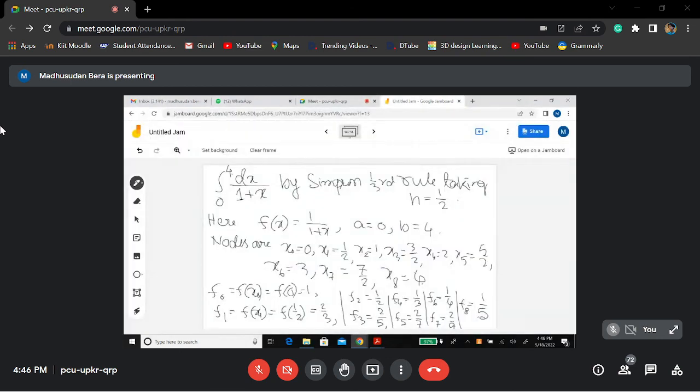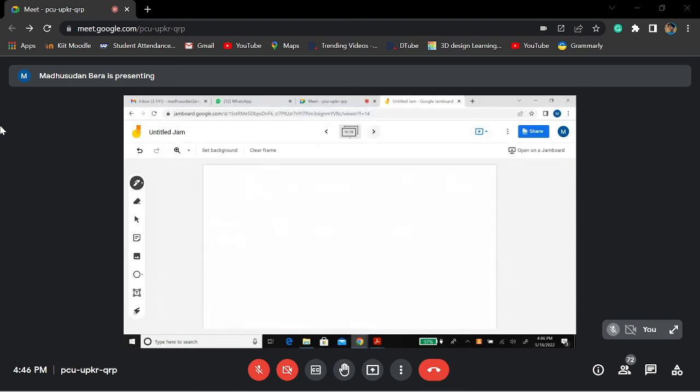Okay, then by Simpson's rule, the integral from 0 to 4 of dx by 1 plus x is h by 3. Then functional value first and last, f0 plus f8.